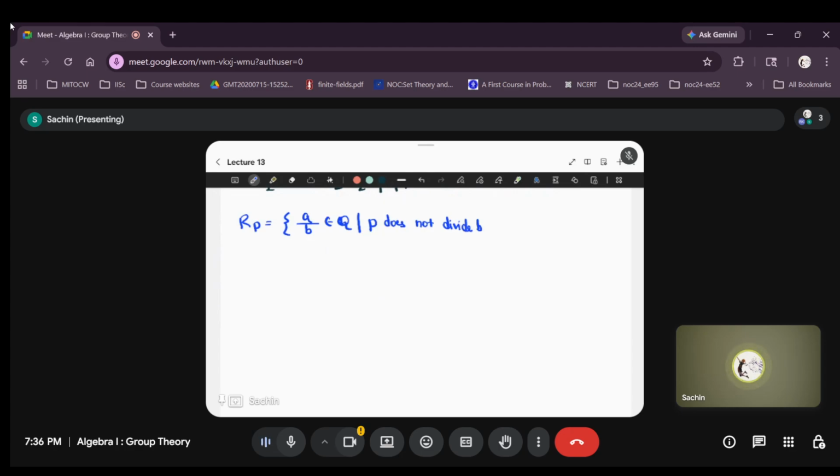So instead of writing p does not divide b, it's actually when a by b is in lowest terms.